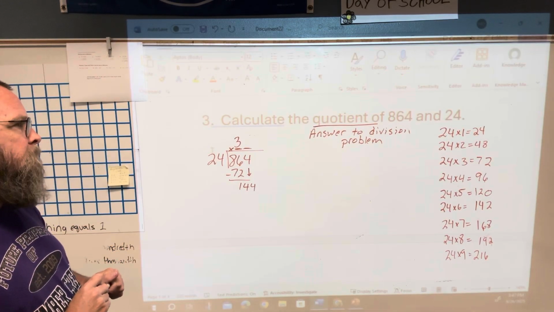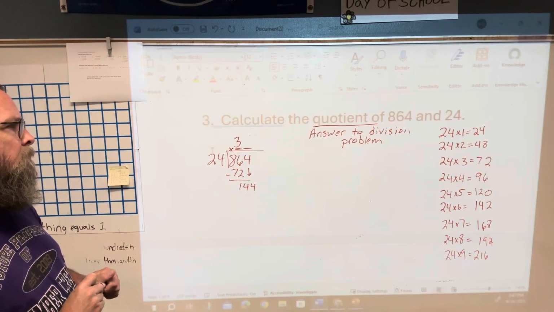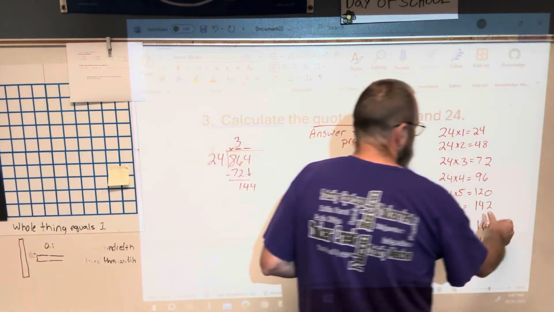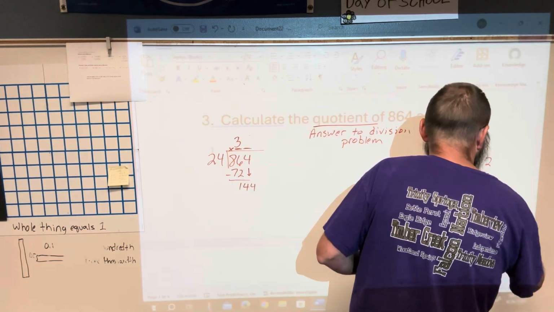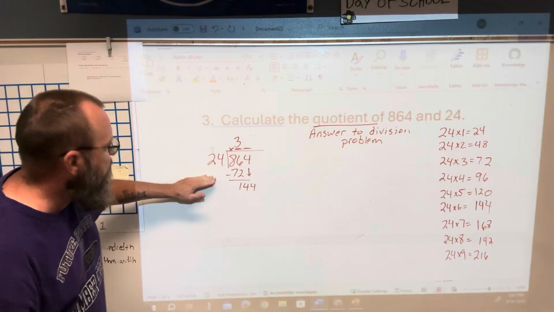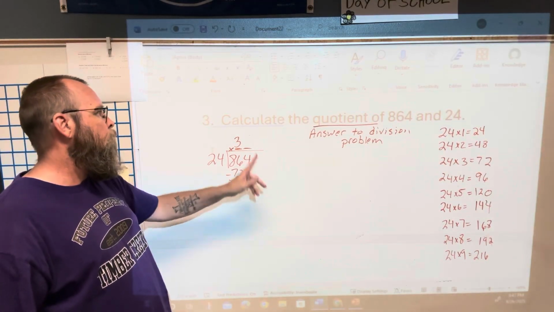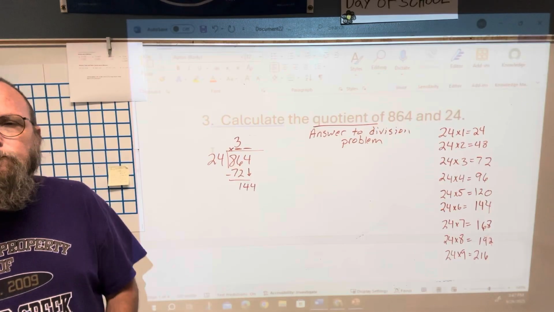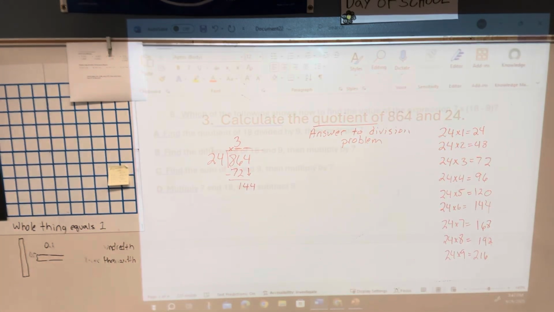Oh, I've messed up somewhere. 6 times 4 is 24. This should be 144. My bad. This should be 144 there. So then I would see how many times 24 goes into 144, and that's going to be in my ones place. So you finish. I got you started.